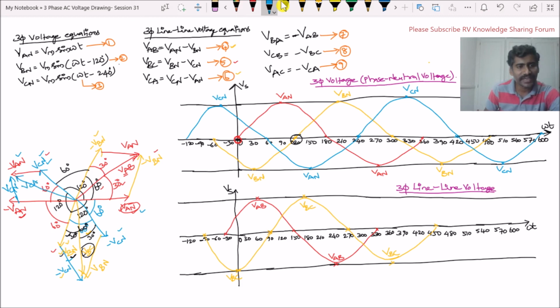If you look at the phasor diagram, our resultant voltage vector VCA is exactly bisecting VCN and minus VAN. The phase angle between VCN and minus VAN is 60 degrees. Therefore, the phase angle between VCN and VCA is 30 degrees, and similarly, the phase angle between minus VAN and VCN is 30 degrees.